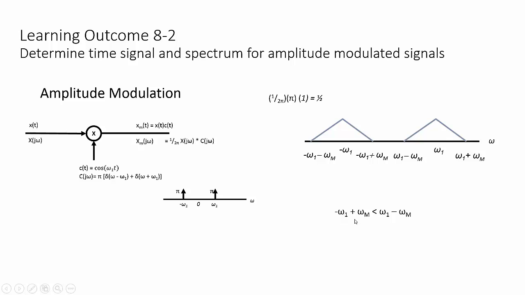Therefore, negative omega 1 plus omega m has to be less than omega 1 minus omega m. With a little bit of algebra, we wind up with a condition that omega 1, the frequency of our modulating signal, has to be bigger than omega m, the maximum frequency present in our original source signal.